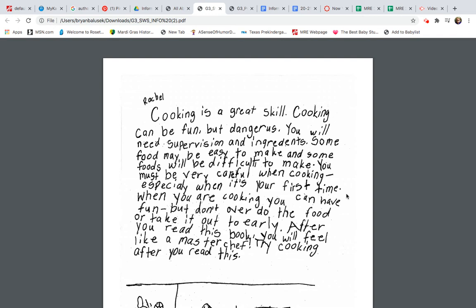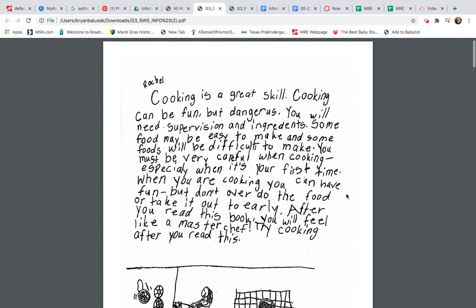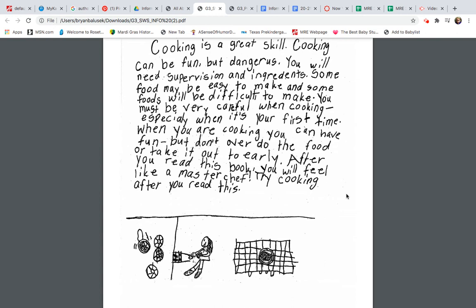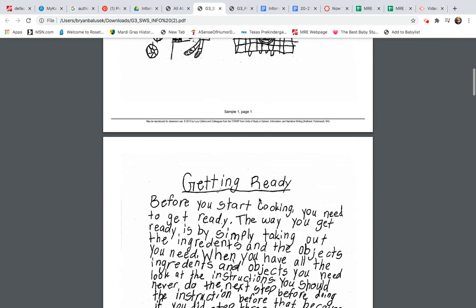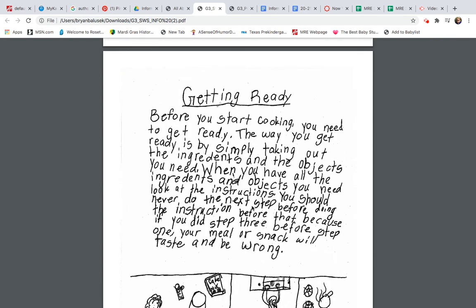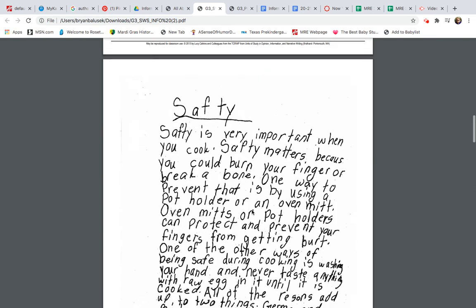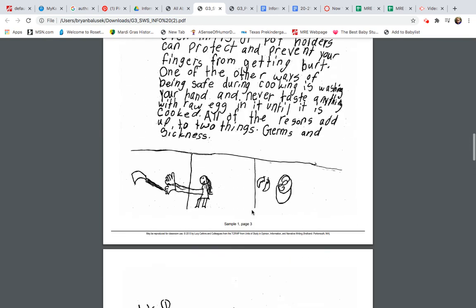When you are cooking, you can have fun, but don't overdo the food or take it out early. After you read this book, you will feel like a master chef. Try cooking after you read this. Okay, and then I have a picture. She has a chapter on getting ready with a picture, some safety with a picture.